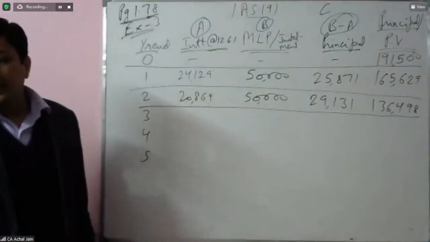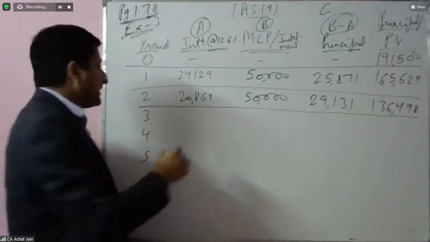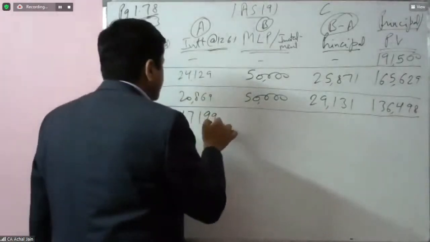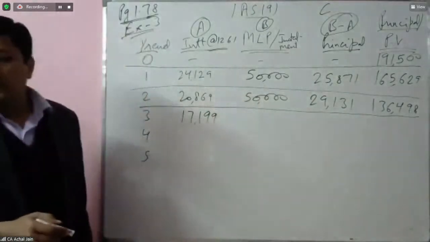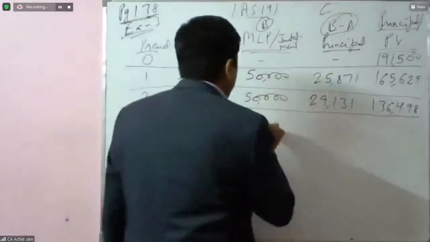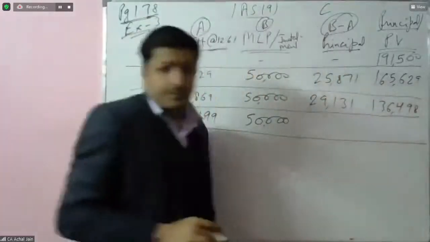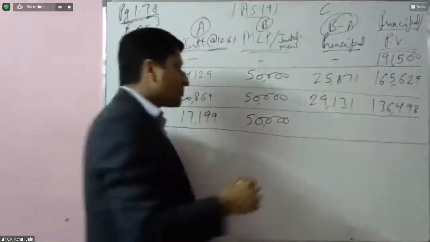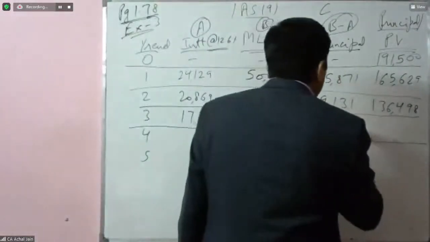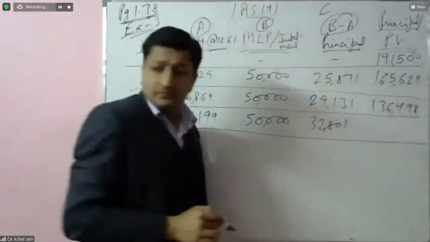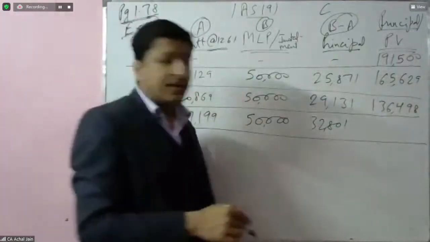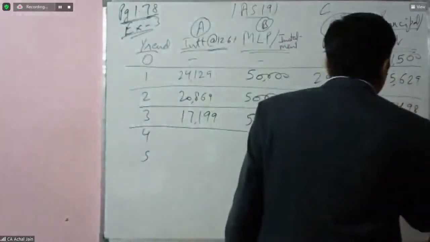So it will be 17,199. Once again 50,000 will be paid. So what is the principal amount that goes off? 32,801. And what is the outstanding balance? 1,03,697.